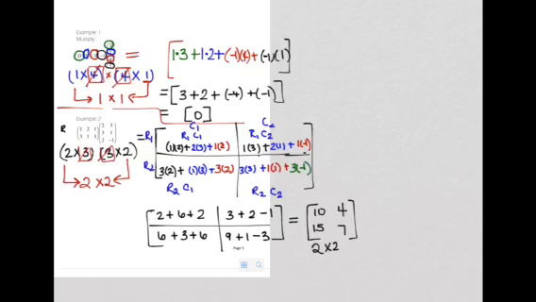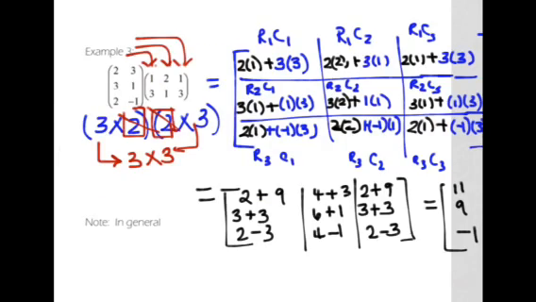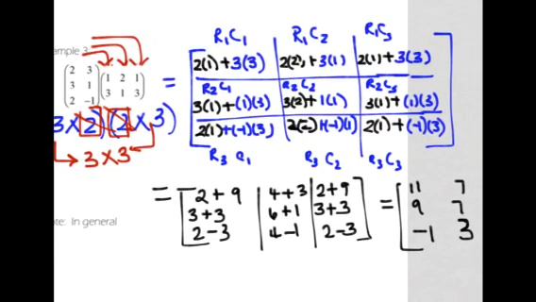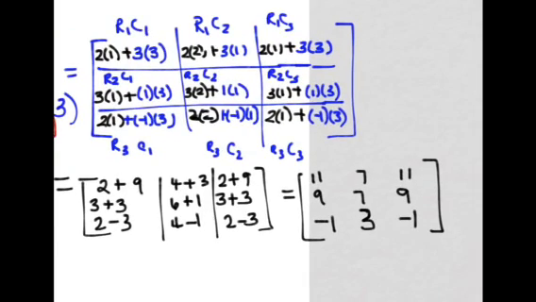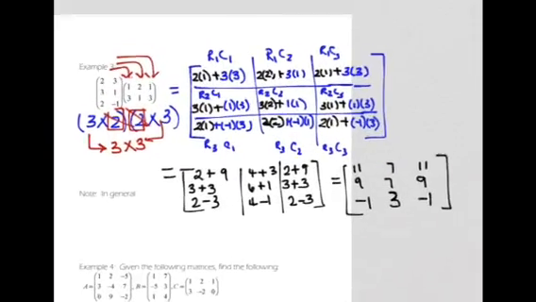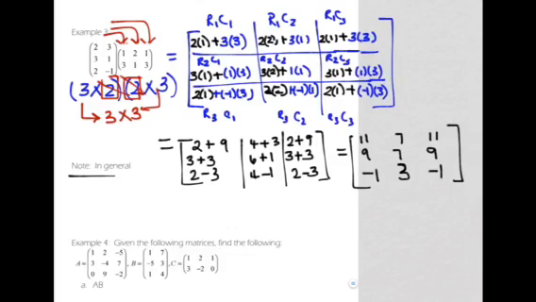When we had 1, 2, 1, 3, 1, 3 first, we end up with a 2 by 2 matrix. When we had 2, 3, 3, 1, 2, negative 1 first, we ended up with a 3 by 3 matrix. Completely different answers. Which brings us to this comment right here. Note, in general, matrix A times matrix B will not give the same answer as if you reverse the order.